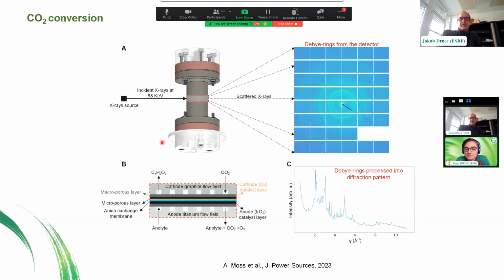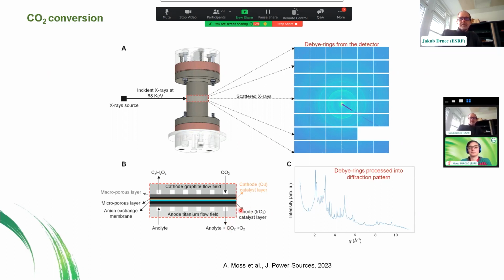So we have this nice cell we developed, where inside are these flow fields where you can put your MEA, so membrane electrode assembly, right? Then in the cathode part, you feed the CO2 and out comes your product. And on the anode part, you just feed the anolyte, and anolyte plus CO2 plus oxygen comes out, right?